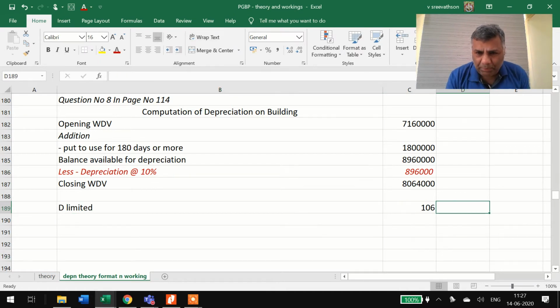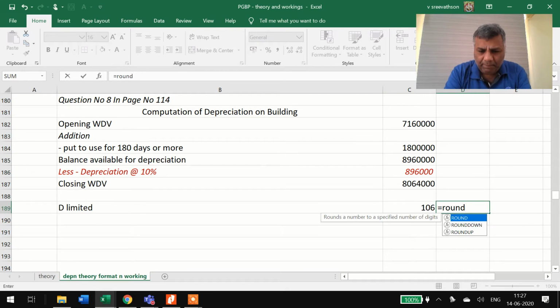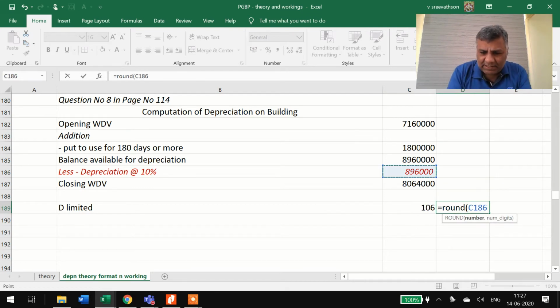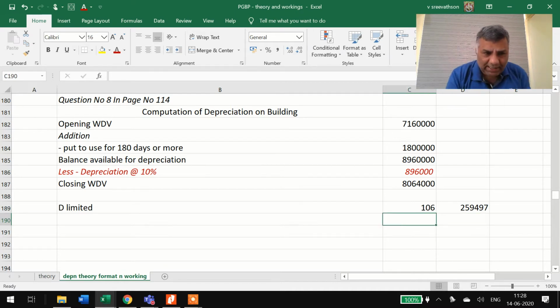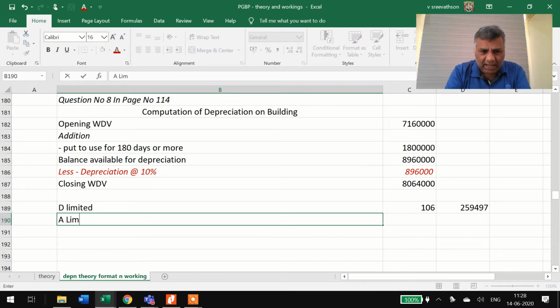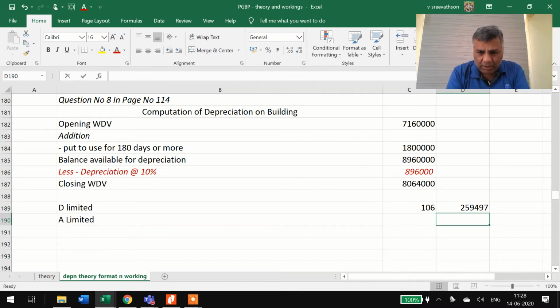So depreciation will be 8,96,000 into 106 divided by 366 days. D Limited will claim 2,59,497 and A Limited will claim the balance.